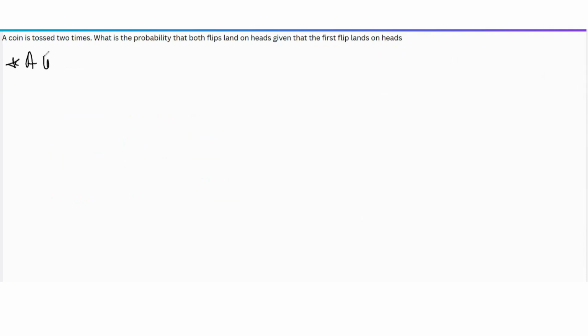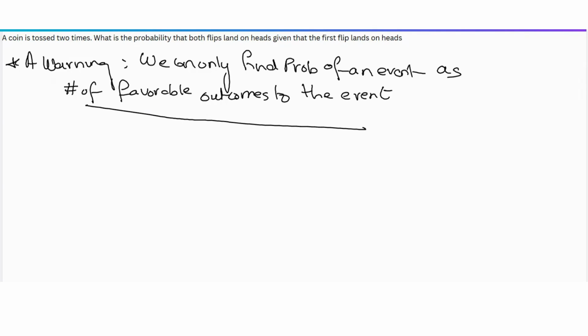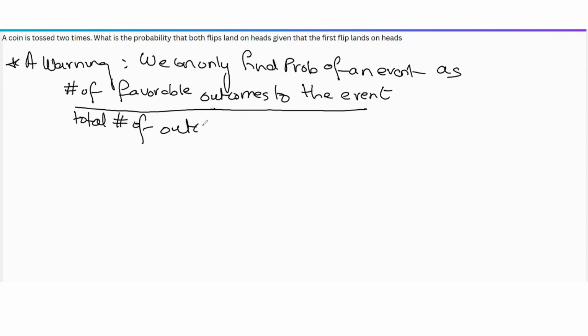So just a warning: we can only find the probability of an event as the number of favorable outcomes to the event divided by the total number of outcomes in the sample space if we have equally likely outcomes in the sample space.